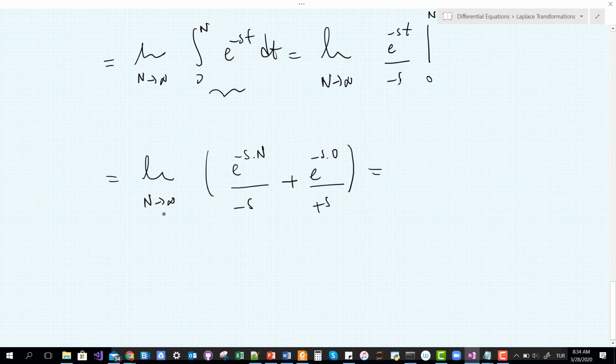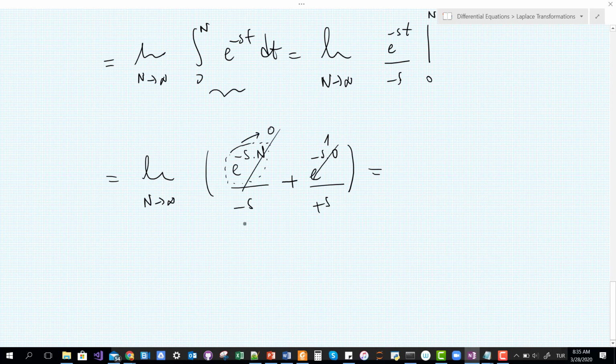Now it is time to take the limit. The second term here is just 1, and then I have 1 over s. So how am I going to take the limit of the first term when n goes to infinity? I just have one term here which depends on n, since s is just a constant number, when n goes to infinity, this will go to 0.